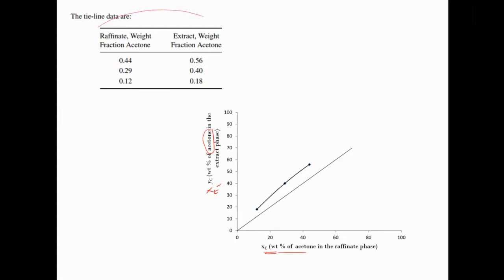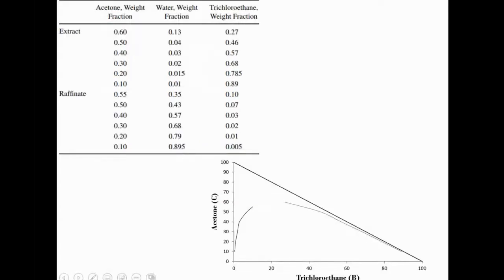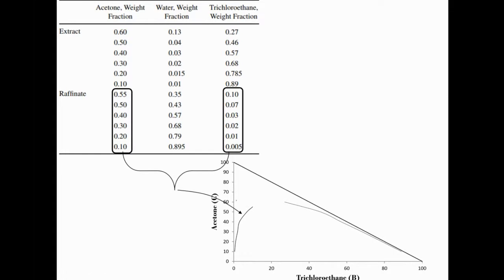So we have 3 points, and these 3 points we connect them with the line that is going to be used to obtain the relationship between the extract and raffinate composition. So now I will use this diagram to draw the raffinate line, and this is going to be between acetone.